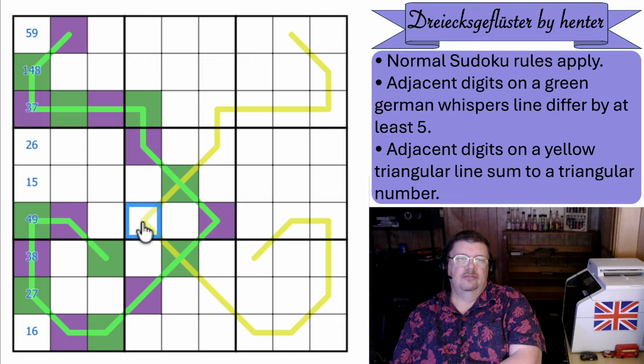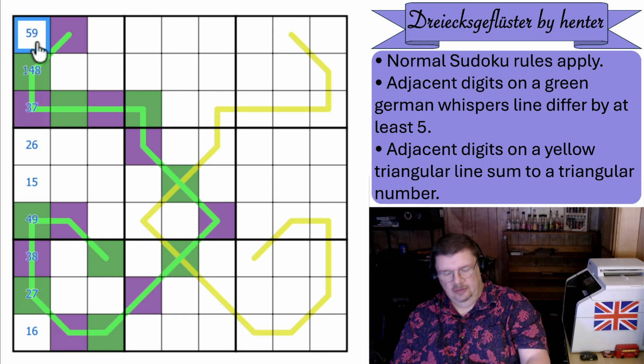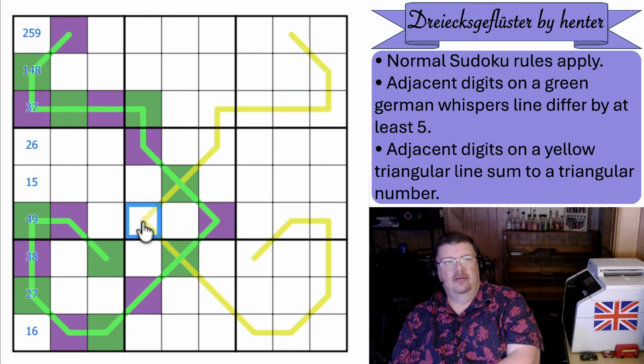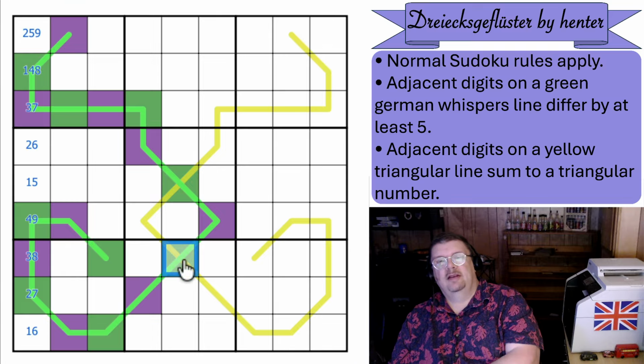Now, is this restricted because it has the German whispers? Well, hang on. Did I miss a digit there? Yes, that could be a 2. But yes, I noticed that I can't put a 9 there, for example, because I can't put both 1 and 6 there, because with those both being green, they are either both high or both low, and 1 is a low digit and 6 is a high digit.